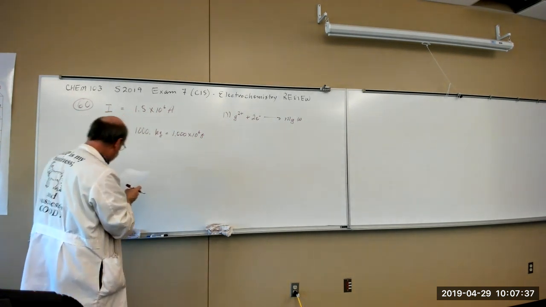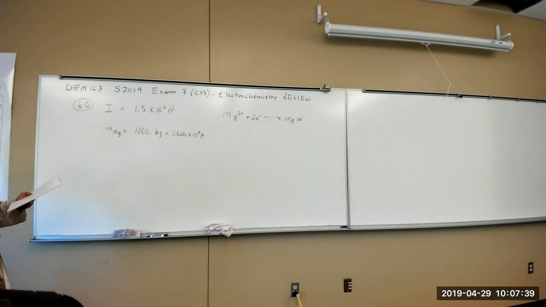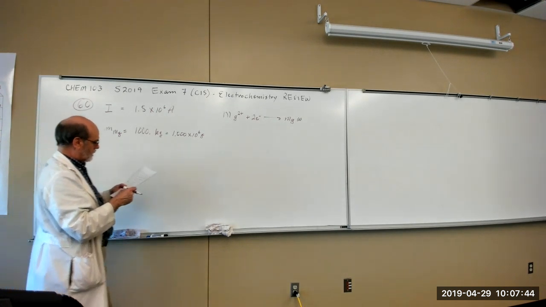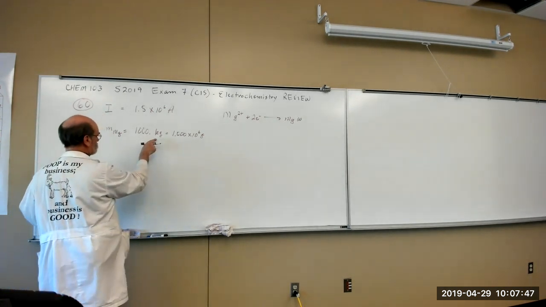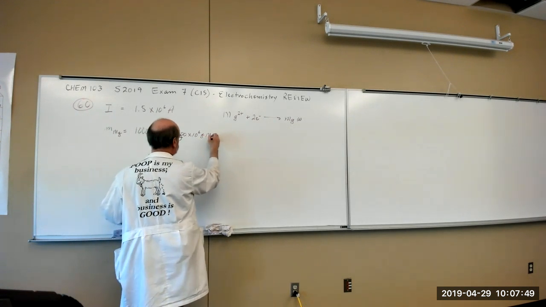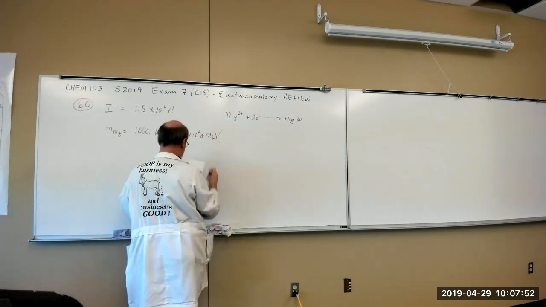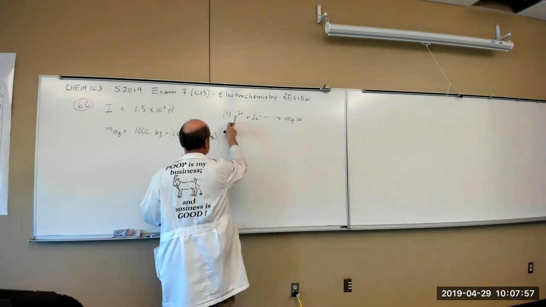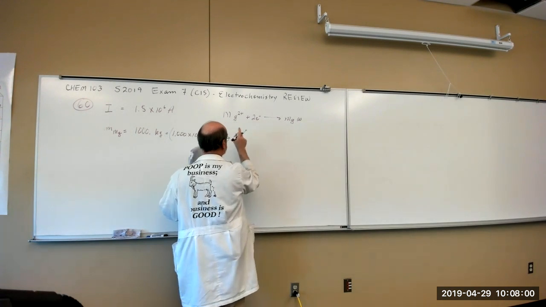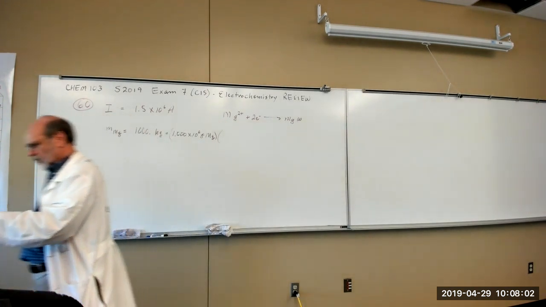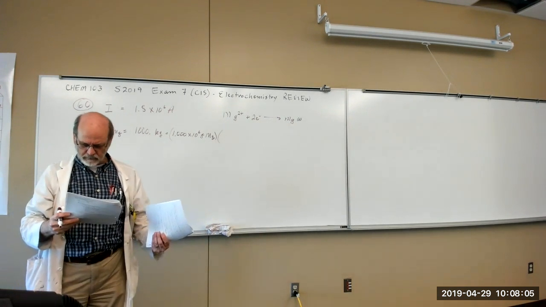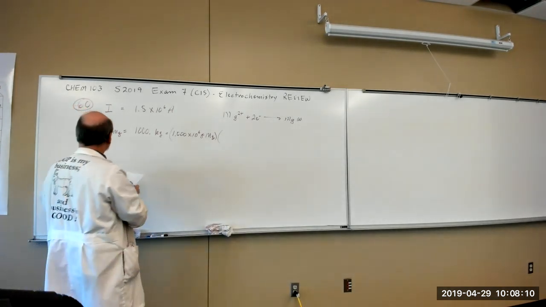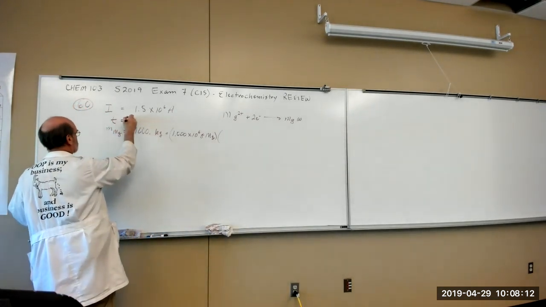Okay, so this is actually a unit conversion, dimensional analysis problem. So we're starting with this many grams of magnesium. Right? So how many moles of magnesium do we have? Because we have to find out, what's the question?